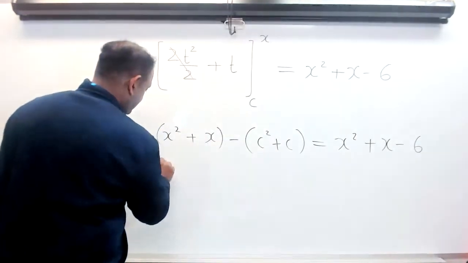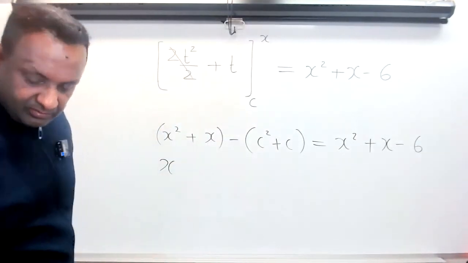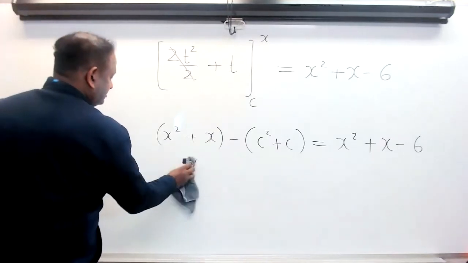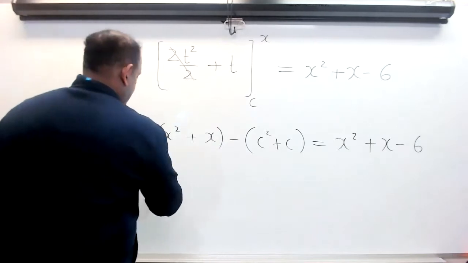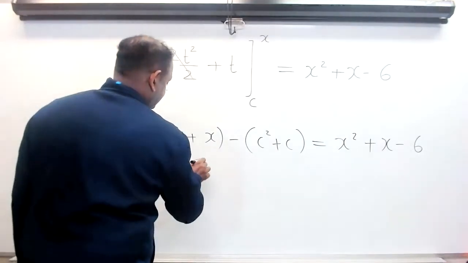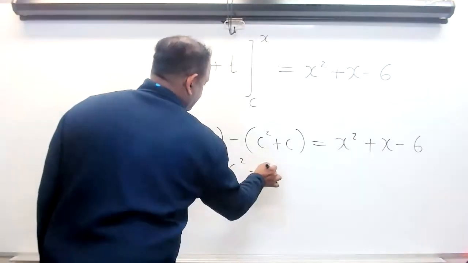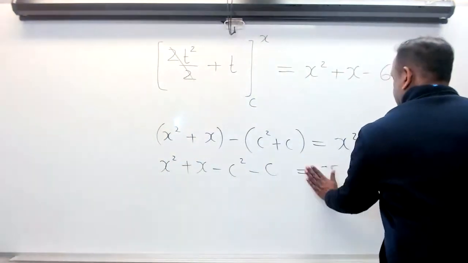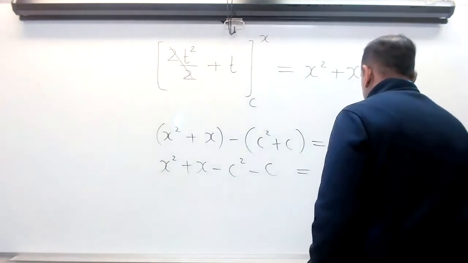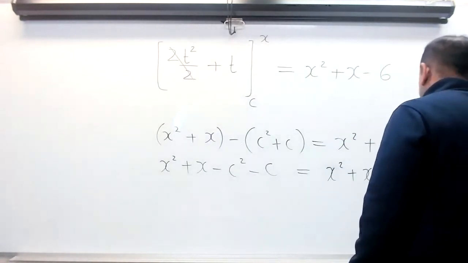So let's remove this parenthesis. Therefore, we have x squared plus x minus c squared minus c equals x squared plus x minus 6.